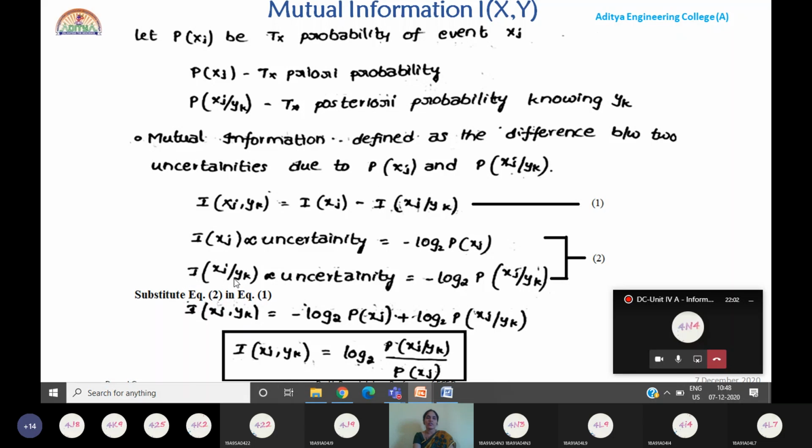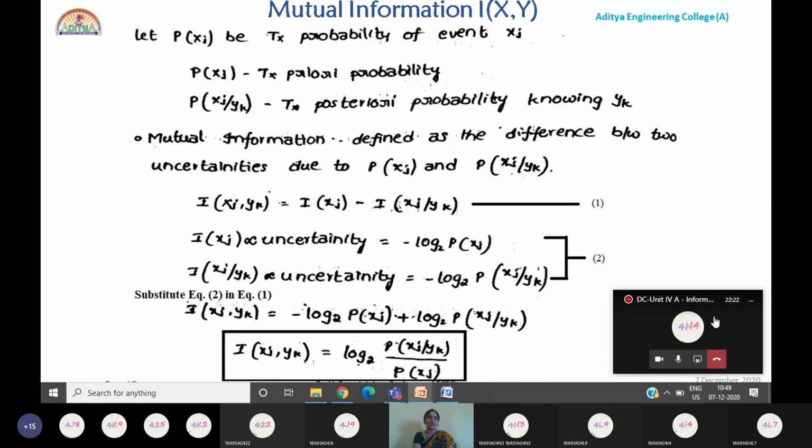In the same fashion, I of xj by yk is the posteriori probability of the transmitter knowing the receiver information. So I of xj by yk is equal to minus log p of xj by yk base 2.